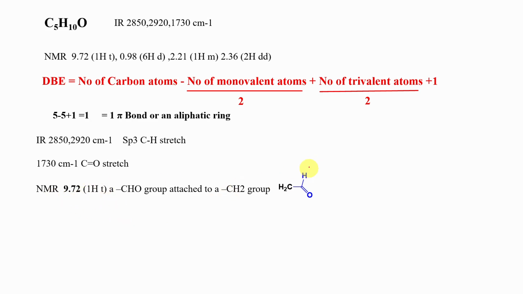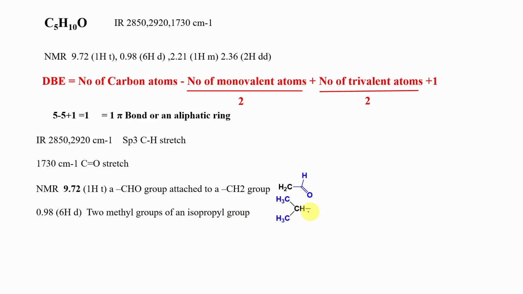Then we have 0.98, 6 hydrogen doublet. That is 2 methyl groups of an isopropyl group.